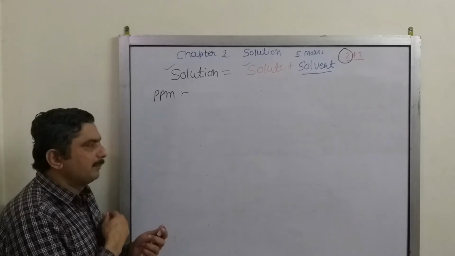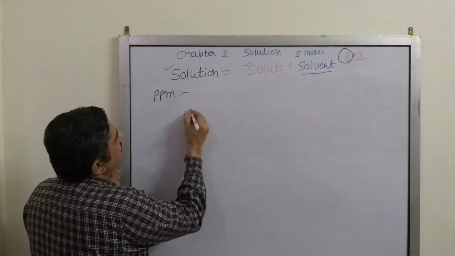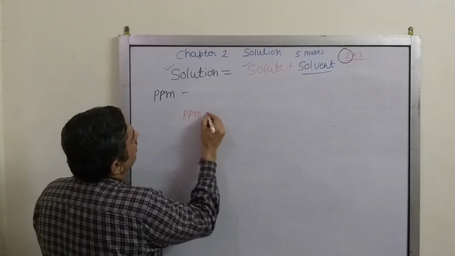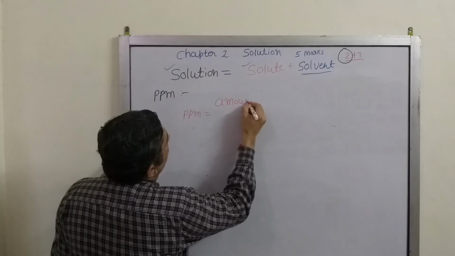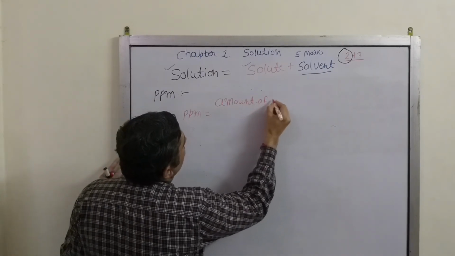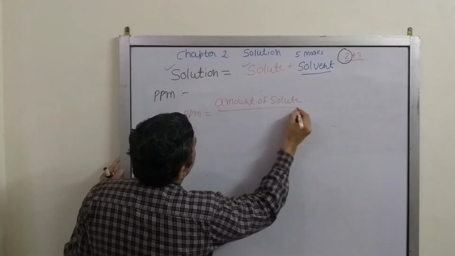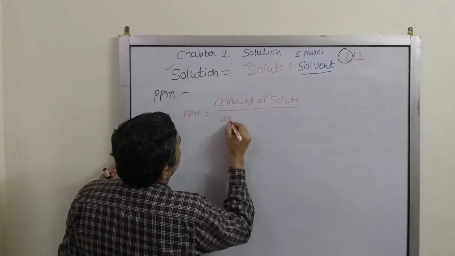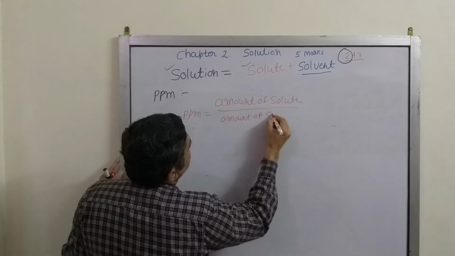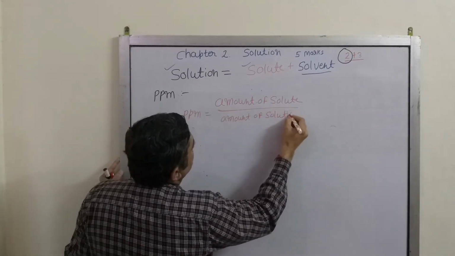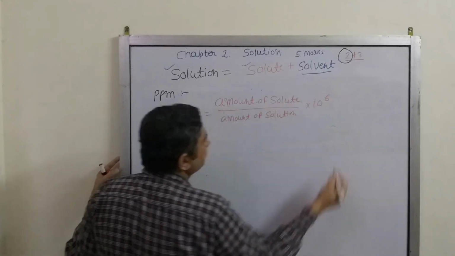It is represented by ppm, and the formula of ppm is amount of solute upon amount of solution into 10 to the power 6.